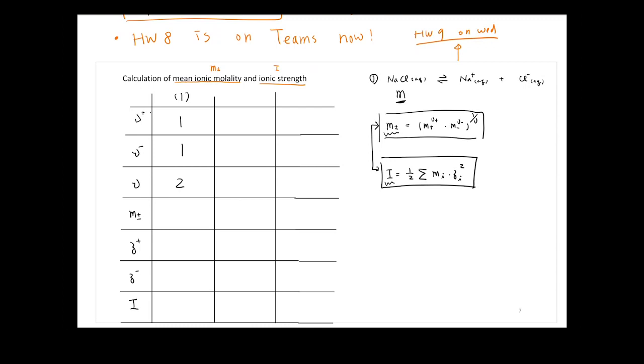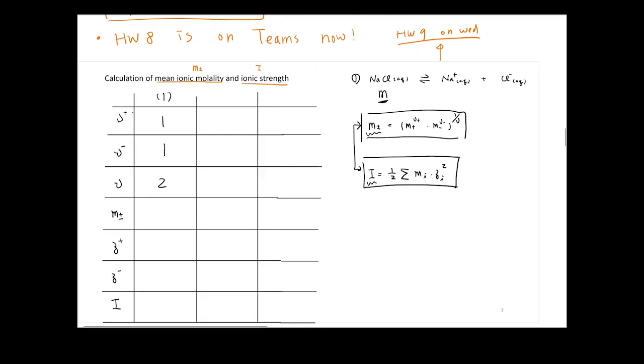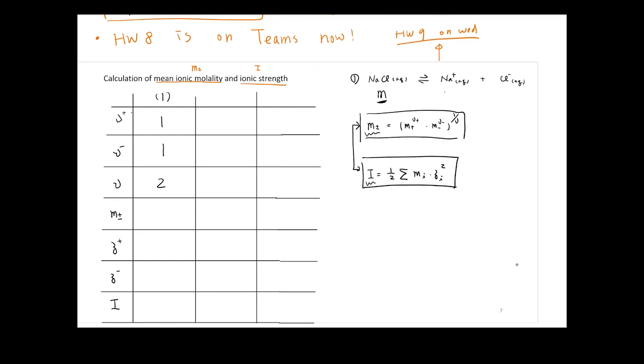We know that once it dissociates, it is 100%, so your Na+ has concentration m, and your Cl− also has concentration m. Therefore, your m± will be m for your cation raised to the ν+ power, which is 1, times your m− which is also m raised to the first power. Take the ν root, in this case ν is 2. Therefore it equals just m. So your m± is equal to m.